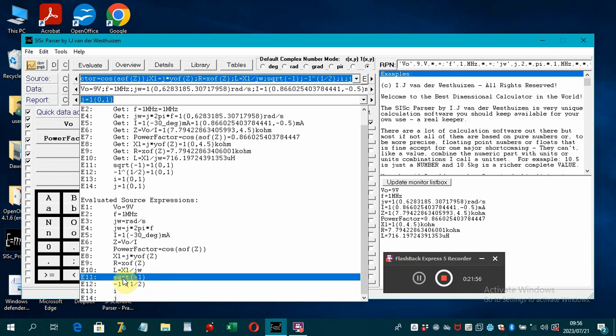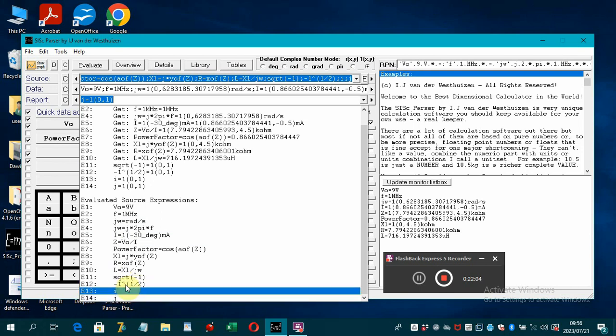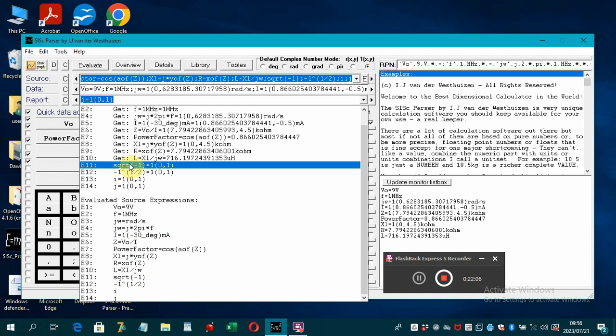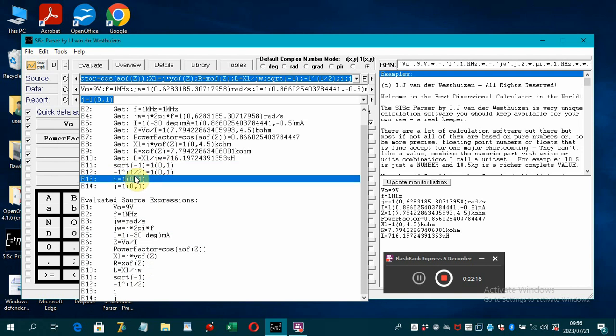The last one is just to show that the square root of minus 1, minus 1 to the power of half, and i and j are exactly the same value. You can see it here. Square root of minus 1 is 1 times x0 y1, the same value, and the same with i, where the 1 you can ignore.